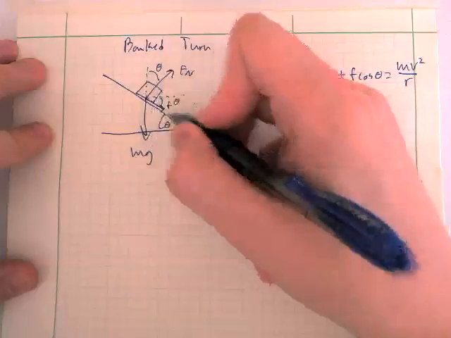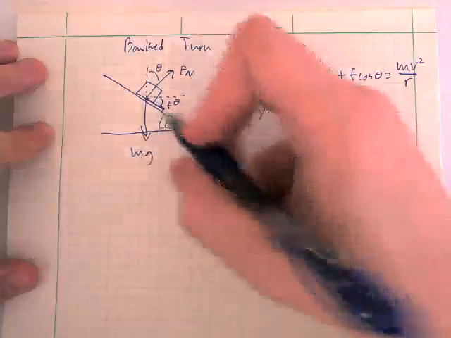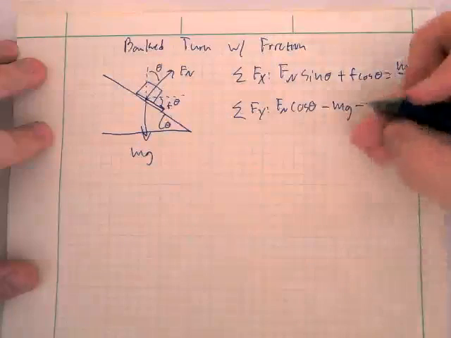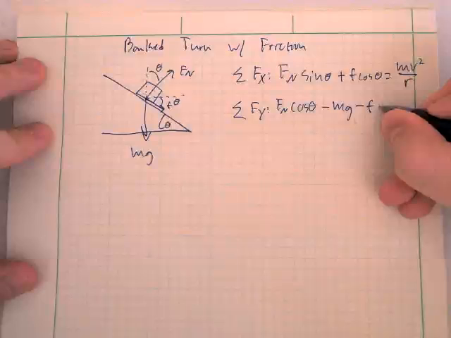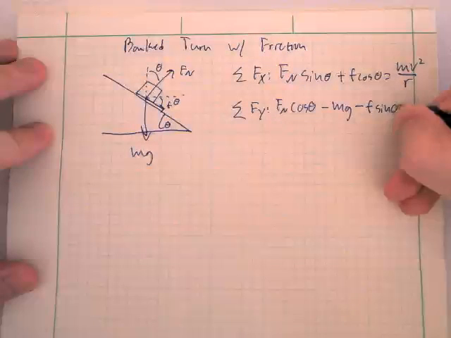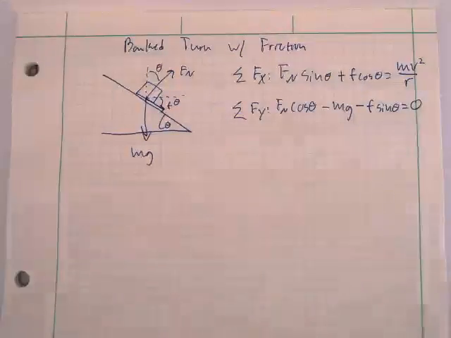Friction is also pulling me down the hill, so it's pulling me to the right, but it's also pulling me down. So we have then minus F times sine of theta, and this is going to again be 0, right?